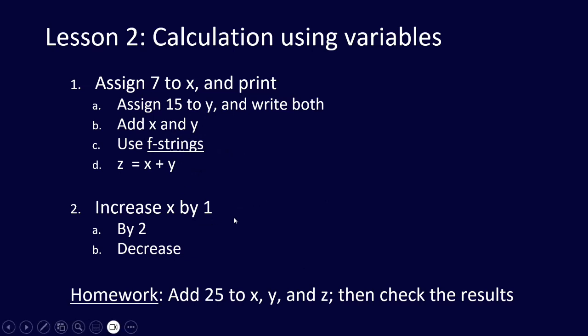That's done by the plus equals operator, and the same goes for decrementing. The homework was to add 25 to x, y, and z, then check the results.